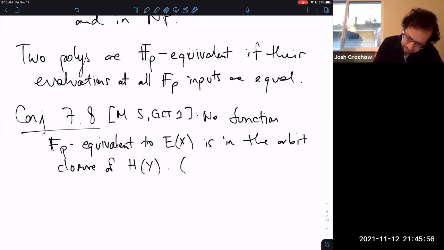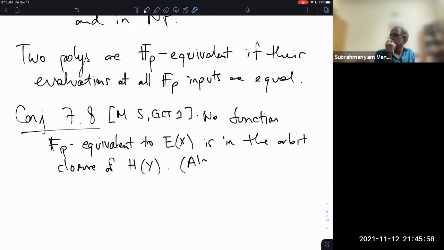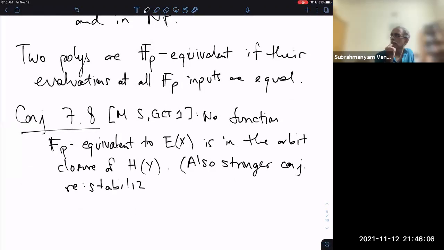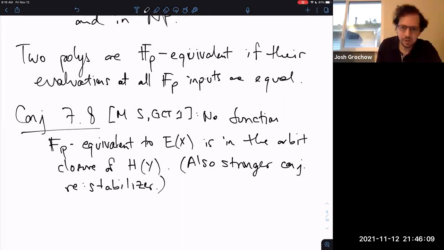So there is also a stronger conjecture regarding the stabilizers, which I will leave to their paper.